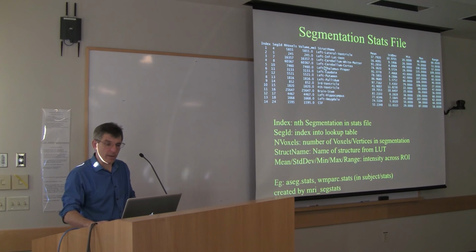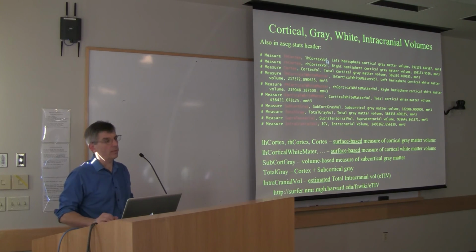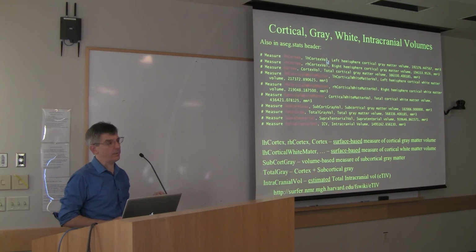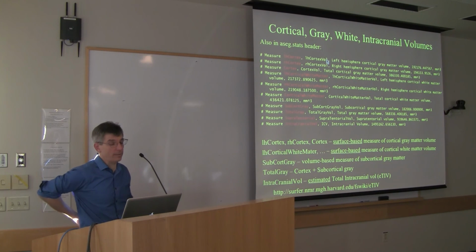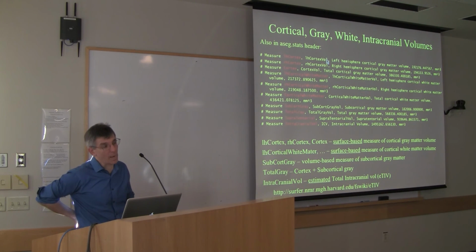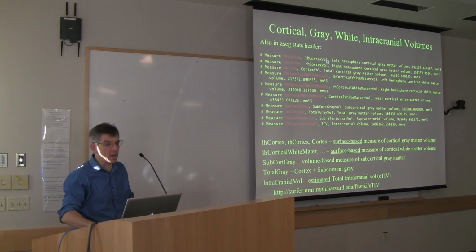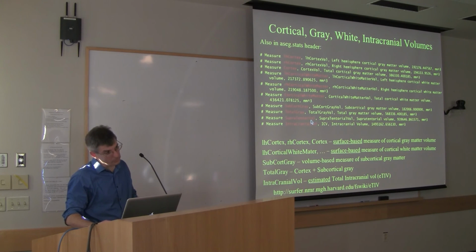This particular file has some header structure with it that includes total cortical volume for the left hemisphere, total gray matter volume for the right hemisphere cortex, total volume of left and right together, total white matter volume, total left hemisphere, total white matter volume for the right hemisphere, total subcortical gray matter volume.